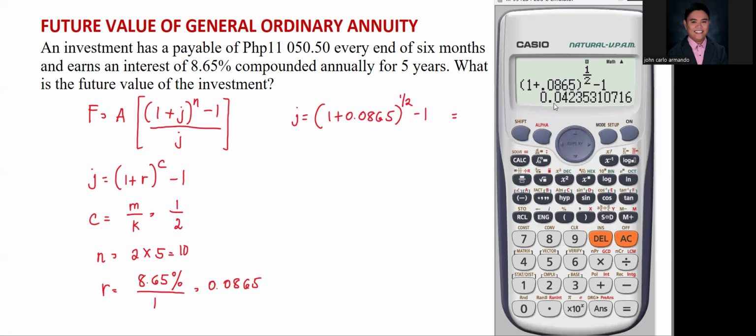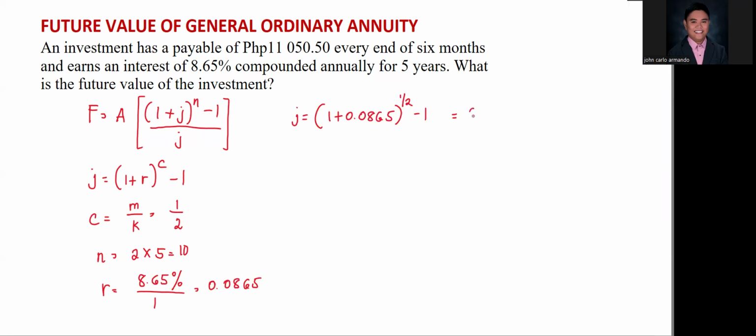And the answer is 0.04235, so 0.0424. Okay? 0.0424. So we use 4 decimal places. So 0.0424.